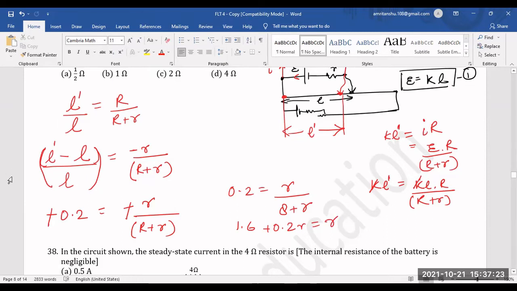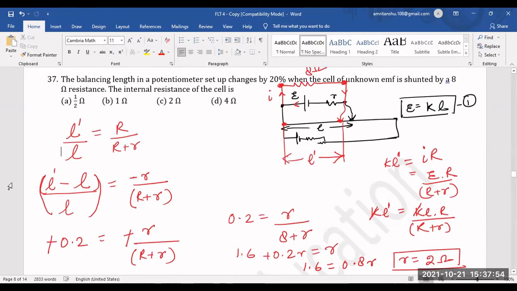Yeah, it's correct. So this is 1.6 equals R minus 0.2 R, which will be 0.8 R. And R is going to be 2 ohms. So for this question, our answer will be 2 ohms.